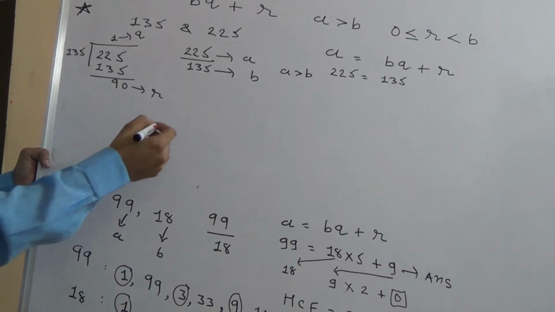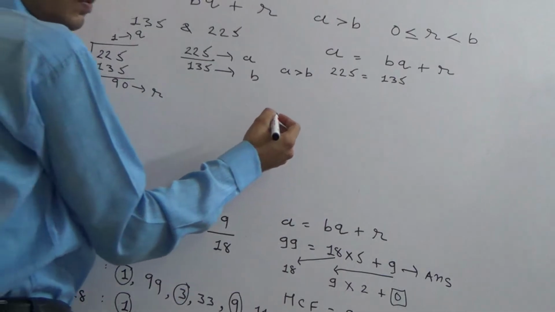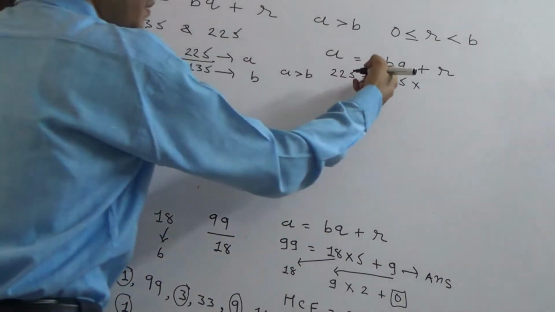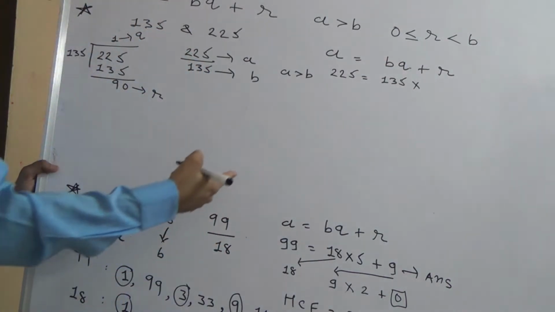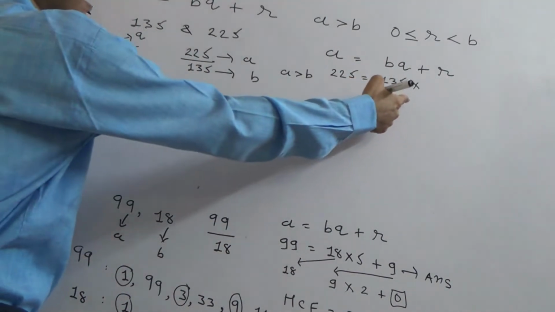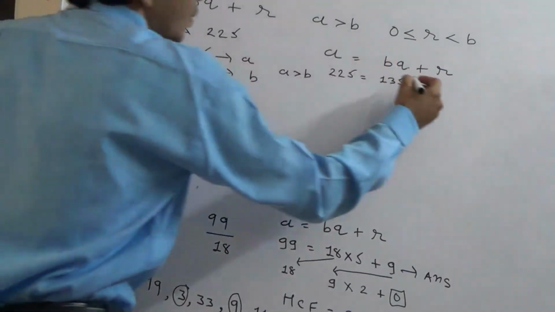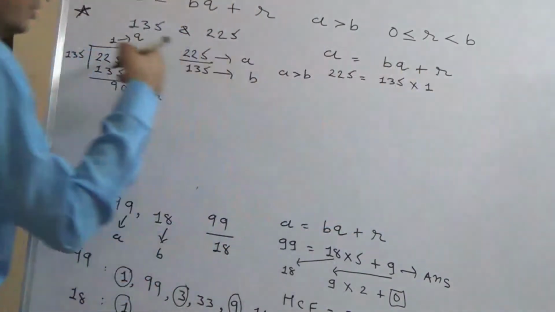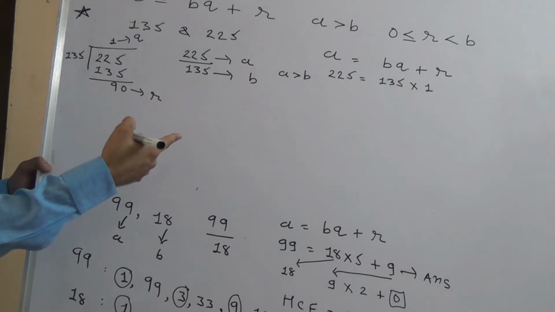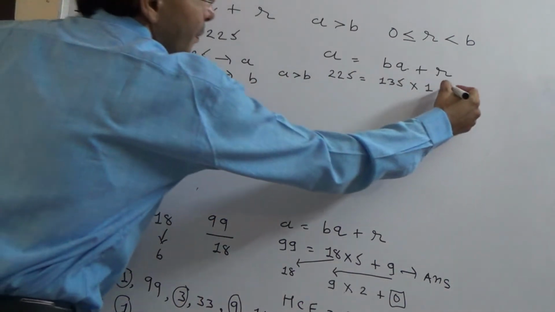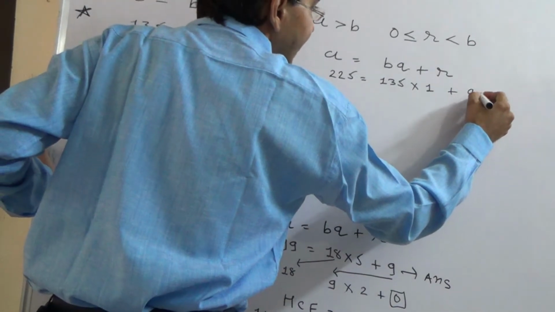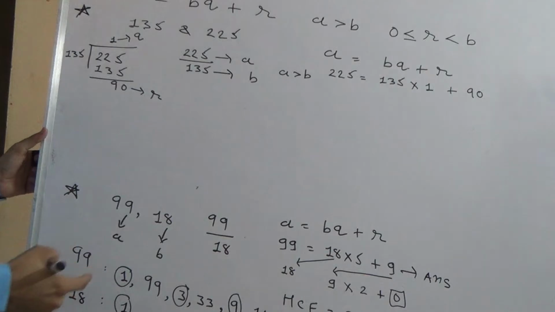So 135 into Q, because B and Q are in a multiplication relation, so 135 into 1, which is 135, plus R. Our remainder is 90.